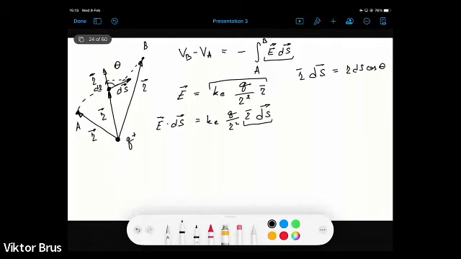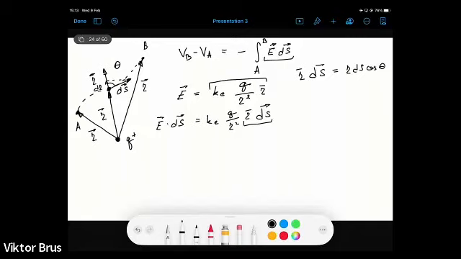And this is the change of the position vector R. It means that any displacement between points A and B will result in some change of position vector dr, for any displacement which happens within this range.